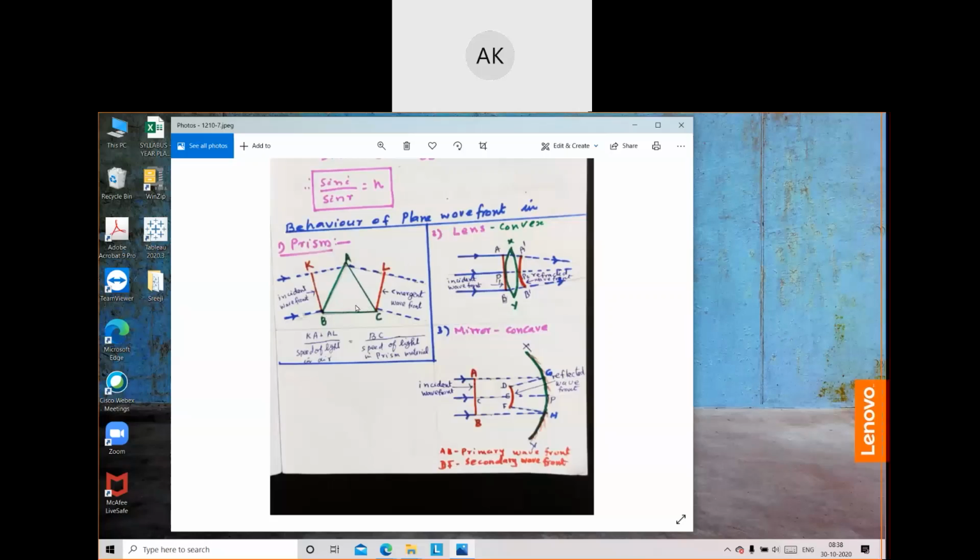So by the time the wave from B reaches C, the wave from K reaches, first it reaches the surface, almost near to the tip of that prism. So it is covering a very short distance in this medium. So it can cover that easily, and it can move a longer distance here.